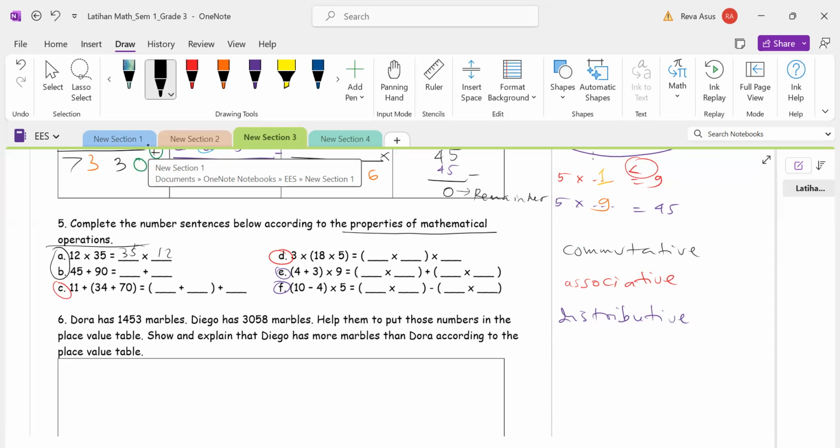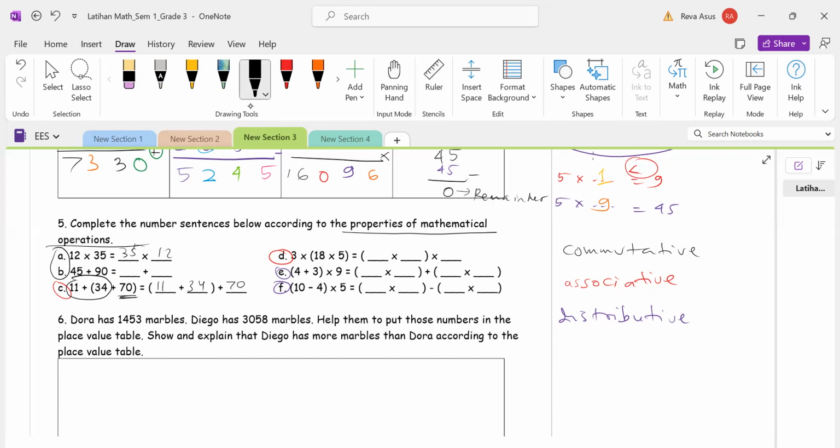The bracket means we need to do this first, and then the result will be added to 11. This also gives the same answer if we do 11 plus 34 first. So 11 plus 34, we can do this first, and then we can add 70. It will give the same result.